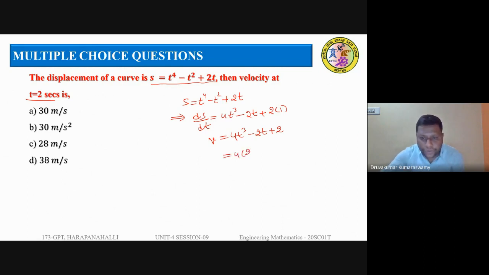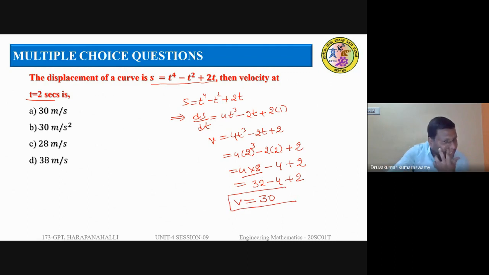So 4 into 2 cube minus 2 into 2 plus 2. So that is 4 into 8 minus 4 plus 2. So 8 4s are 32 minus 4 plus 2. 32 plus 2 is 34. 34 minus 4 is 30. V is equal to 30.